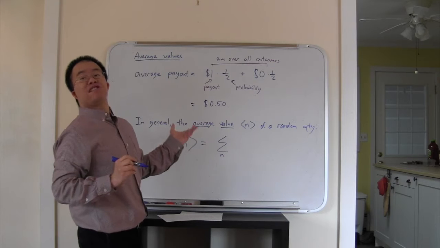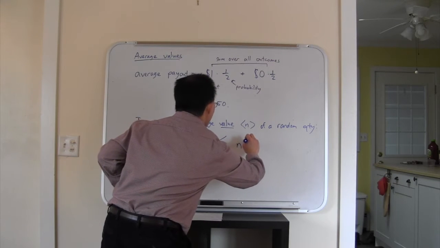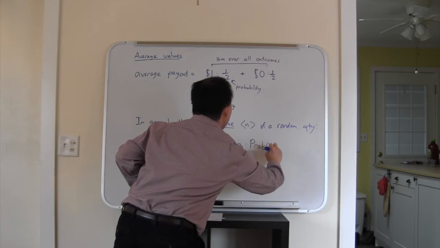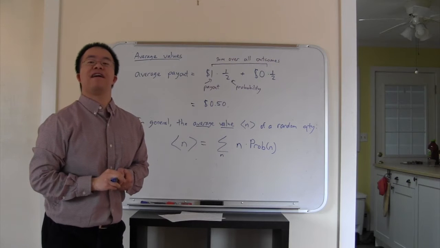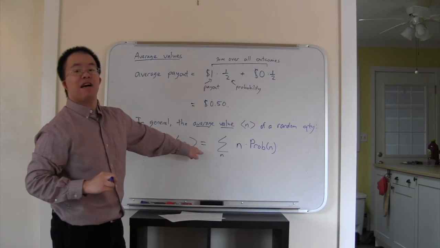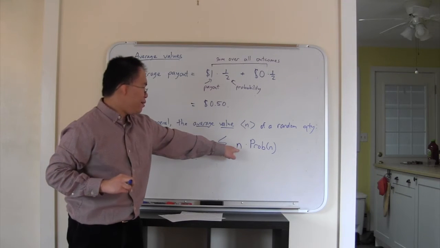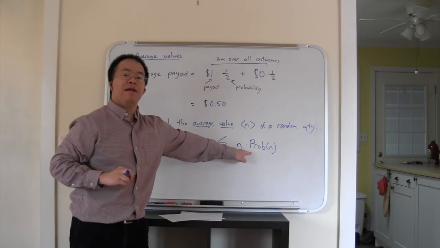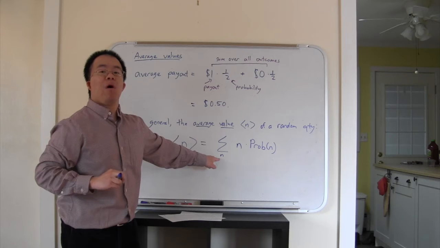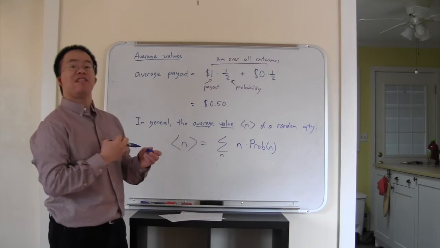I'll write that as a summation over n of n times the probability of getting that value for n. So this is just a generalization of what we did here. We take the random value, multiply by the probability of getting that value, and sum over all the possible values that the random quantity could take.